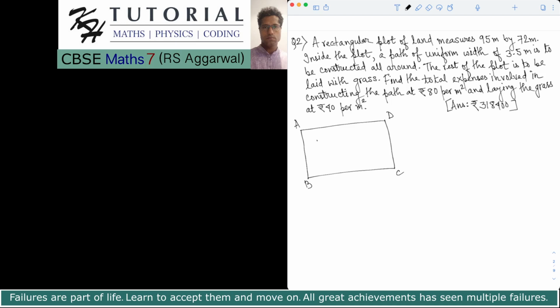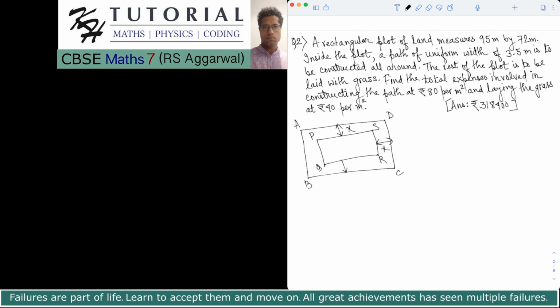Let's say this is the path where the inner boundary of the path is the rectangle PQRS, and let's mark the width of the path as x.